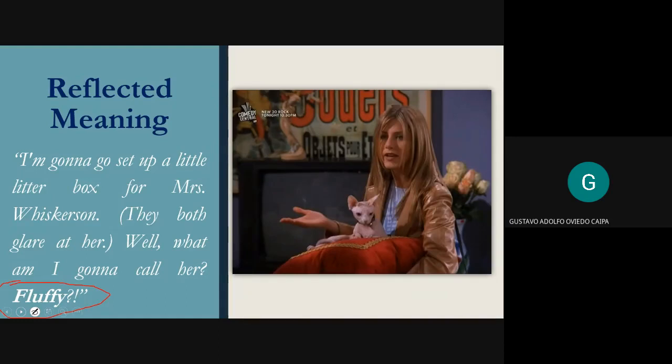So if you call this cat Fluffy, the meaning of hair and warm is going to be reflected in the name and is going to cause a contradiction with the cat, because the cat doesn't have any hair. He's not fluffy in the sense of the adjective. He's not fluffy at all.